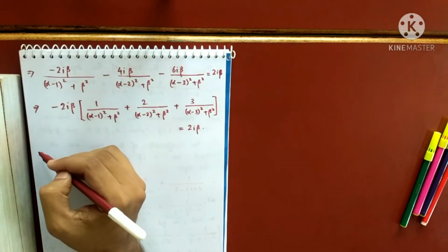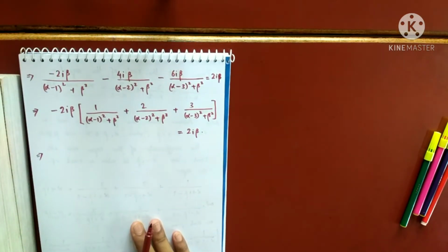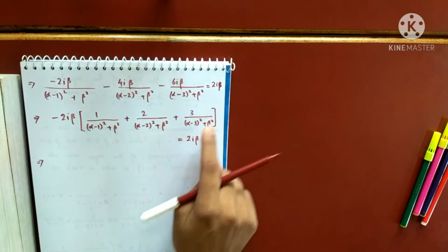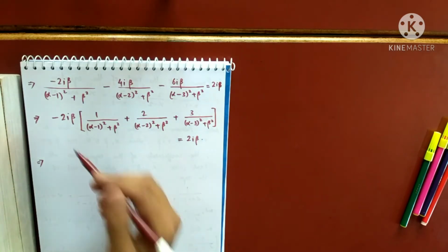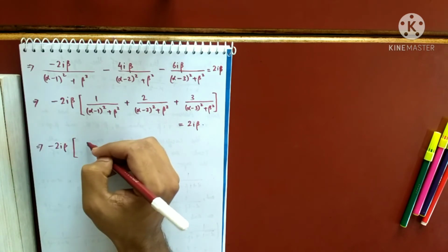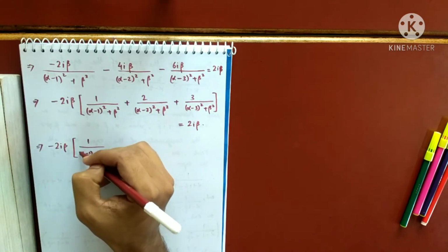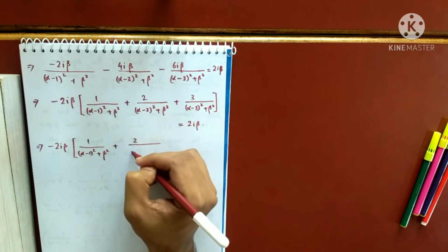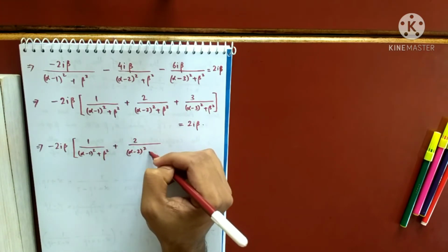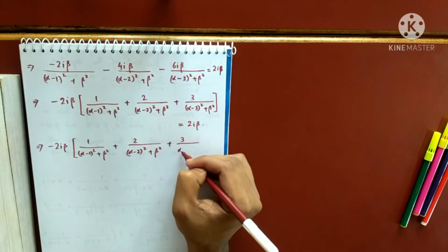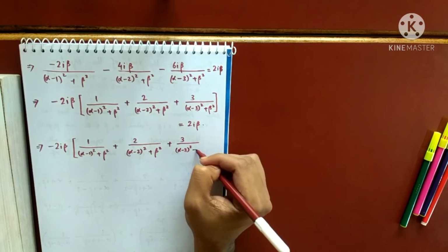And what I'll do now, I'll again shift this to the left hand side and take 2i beta common from this also. I should have done it in this step only. So anyways, minus 2i beta is still common, so 1 by alpha minus 1 whole square plus beta square plus 2 by alpha minus 2 whole square plus beta square plus 3 by alpha minus 3 whole square plus beta square.